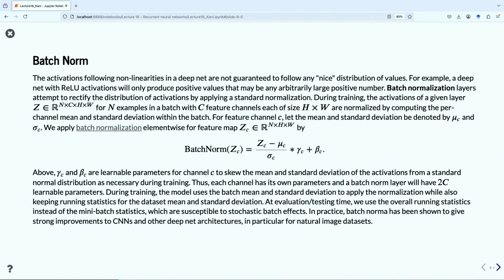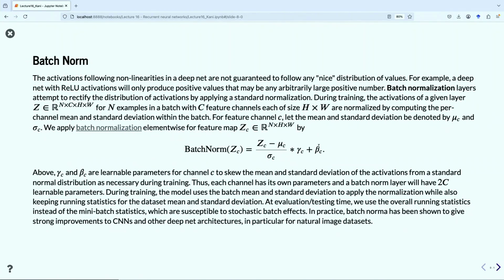So the batch normalization function is simply the actual feature value minus the mean, divided by the standard deviation. This will give you the number of standard deviations away from the mean a particular value is. Then we have two fitting parameters, gamma and beta. Beta just sets the new mean.